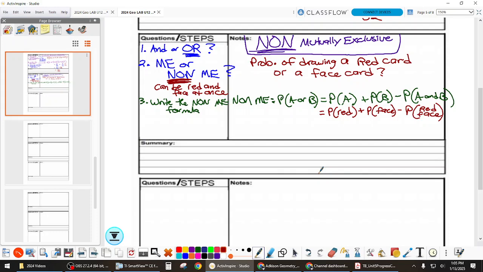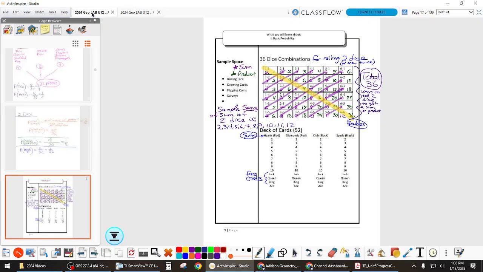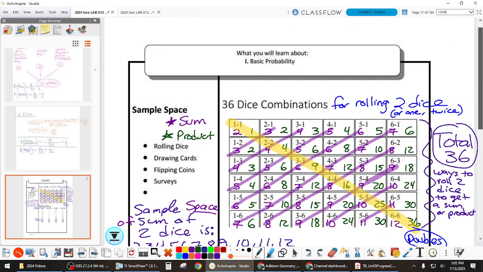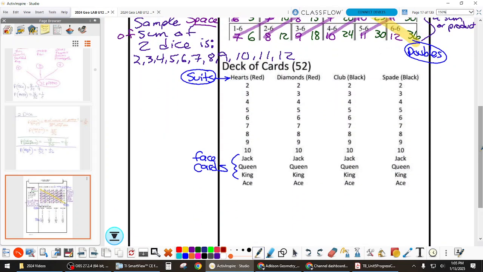All right, I want you to actually do this. Everybody grab this sheet out in front of you. Get your finger or your pencil. Let's count the red cards. This is 1, 2, etc., up to 13.